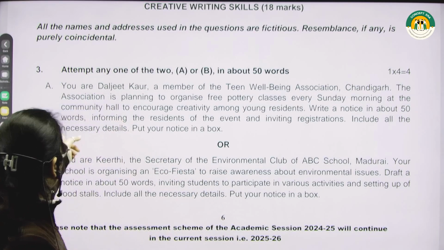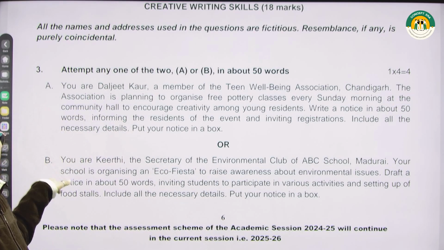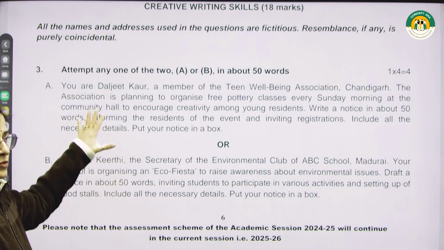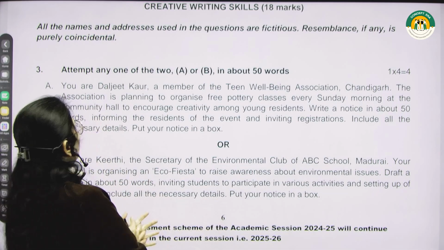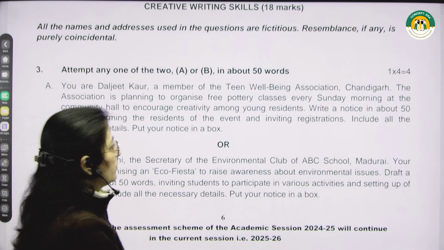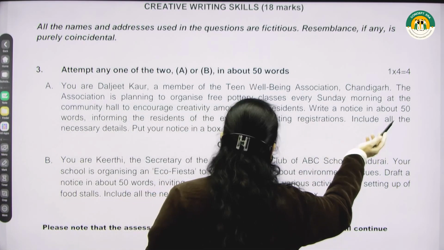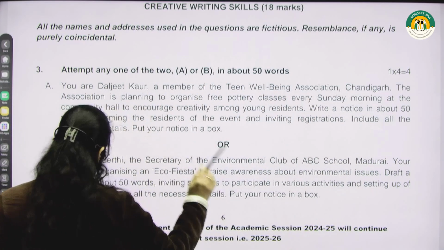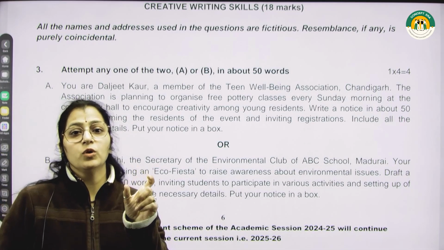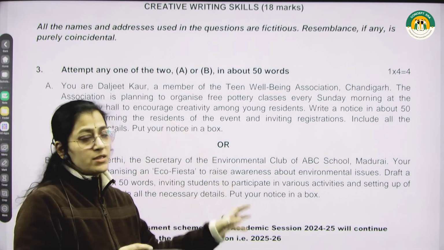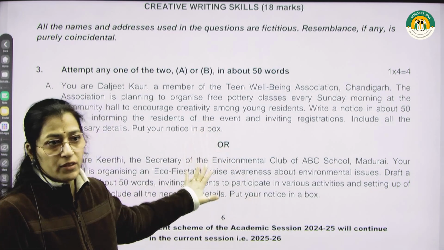So question number 3, A and B. Whichever question out of these two you find easy, you can attempt it. The first question is asking you to write a notice in about 50 words. Again, I'm telling you, every question has a word limit. Frame your answer within the word limit which is already given in the question paper.